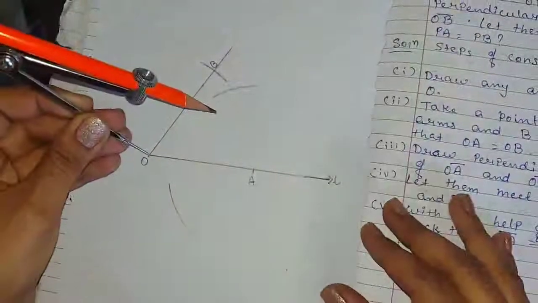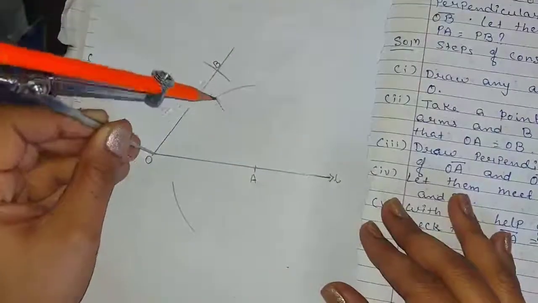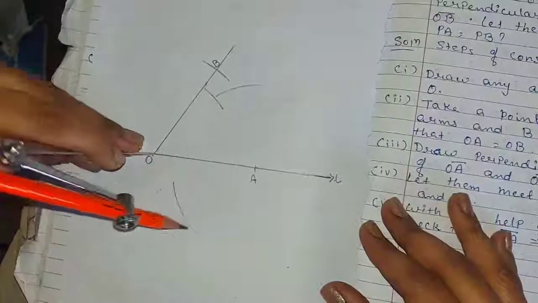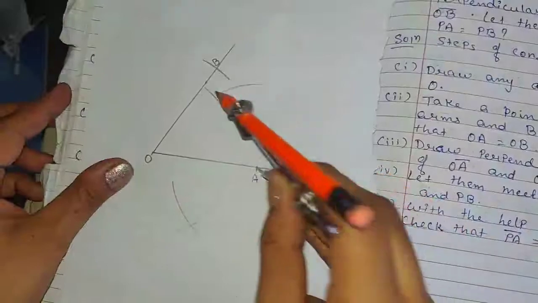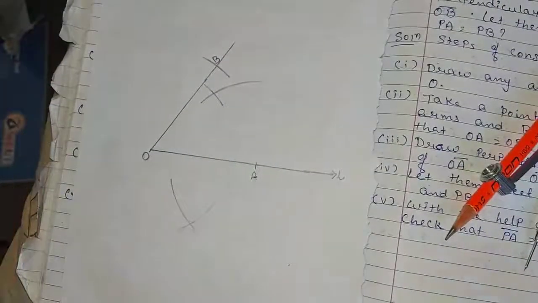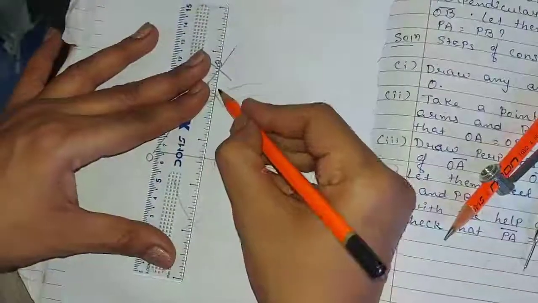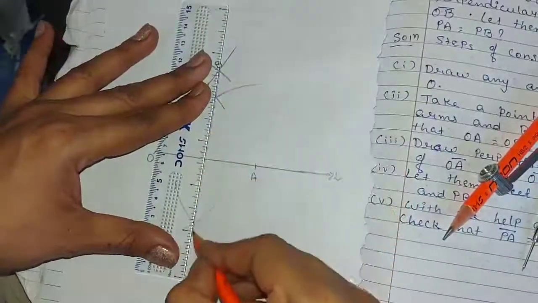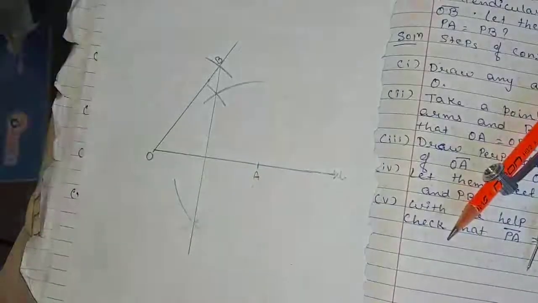Similarly with center B, we will take one arc above and one arc below. So here also with center A, if we extend this arc, it is a meeting point. Then what we have to do? We have to join these two meeting points with the scale. So this is the perpendicular bisector of OA.